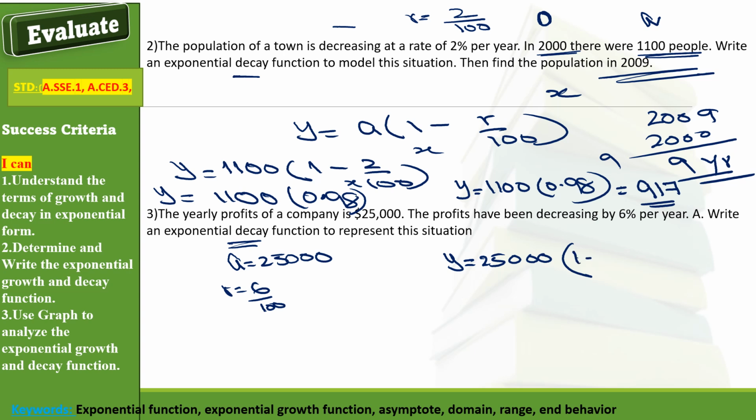So I will use 1 minus 6 over 100 whole to the power of x. Now if I write 1 minus 6%, I will get 0.94 whole to the power of x. That's all. They are not asking me to calculate anything.